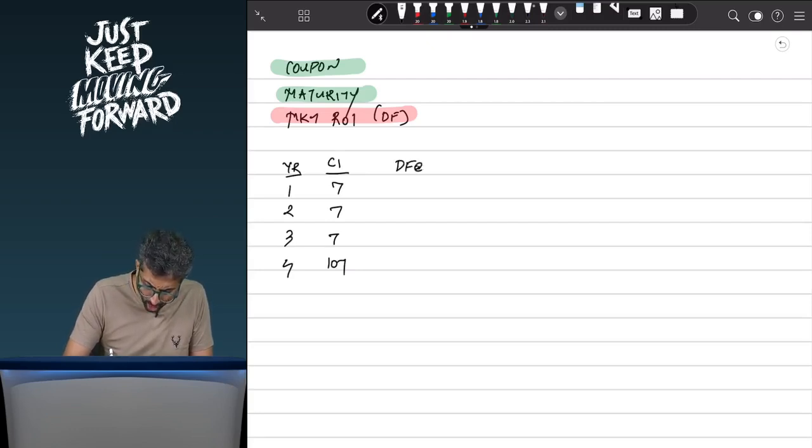Discount factor on this bond was, let us say, at the rate of 10%, which was 0.9091, 0.8264, 0.7513 and 0.6830.